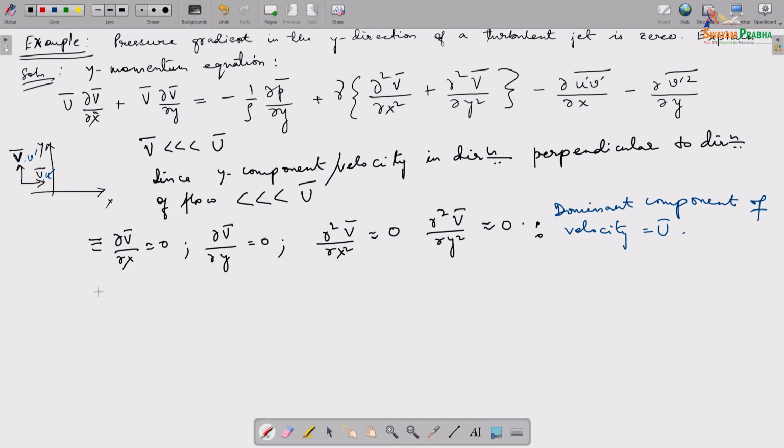So gradients of quantities in the x direction are minimal.